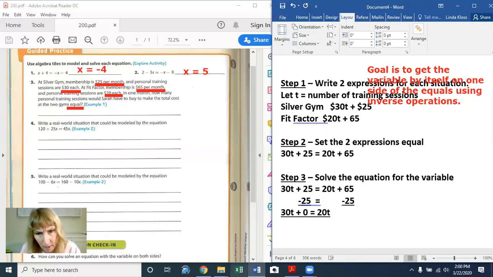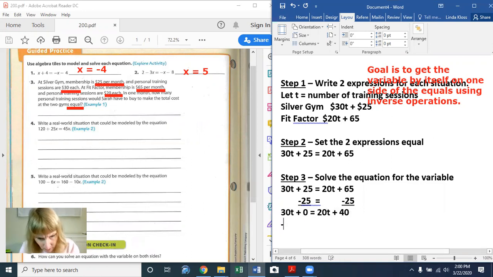And now I have my 65 minus my 25. So what is 65 minus 25? It is 40, right? Yep. Now I want to get my 20T to the same side as 30T.